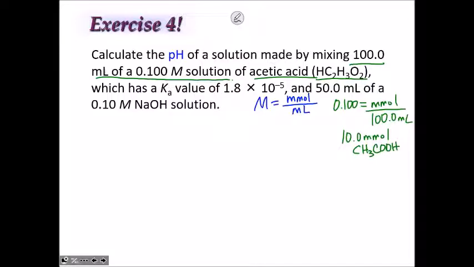That's the organic way, where you would take off this H as the one to remove for the acidic H. Now let's do the other part here with our sodium hydroxide, where we are looking at 0.10 molar, the millimoles over 50 milliliters. So this is just going to give us 5.0 millimoles of the hydroxide to start with.